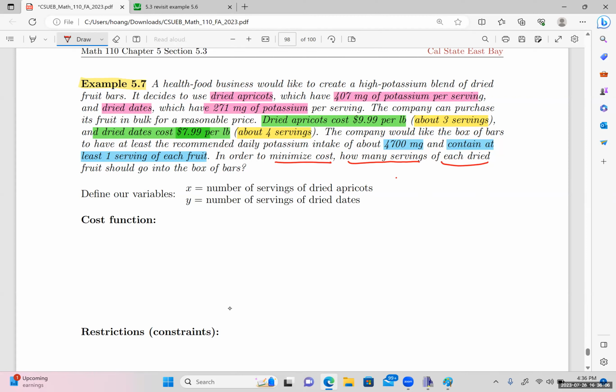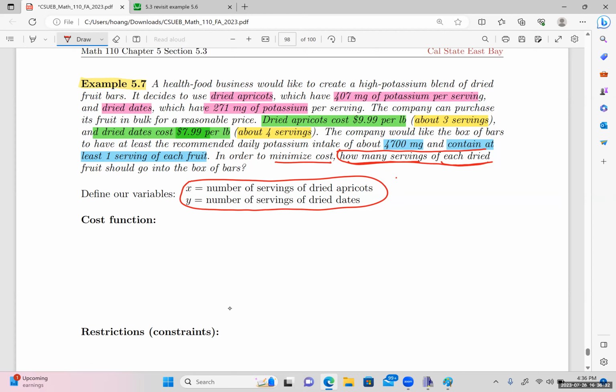So according to this sentence here, we need to name them, right? So that's the reason why I decided to name X as the number of servings of dry apricot, and Y as the number of servings of dry dates, right?